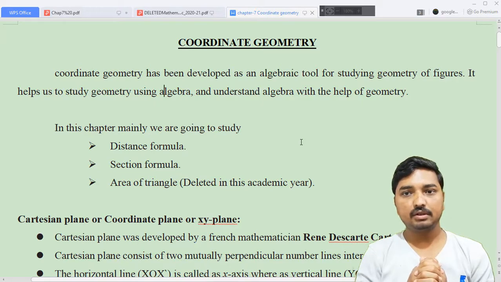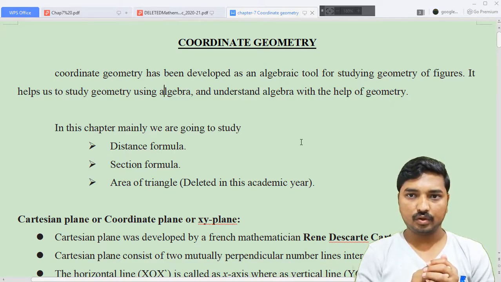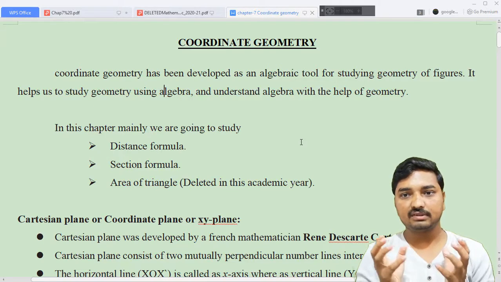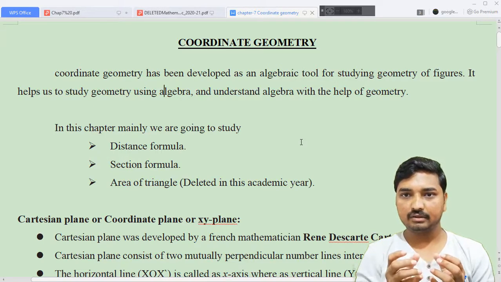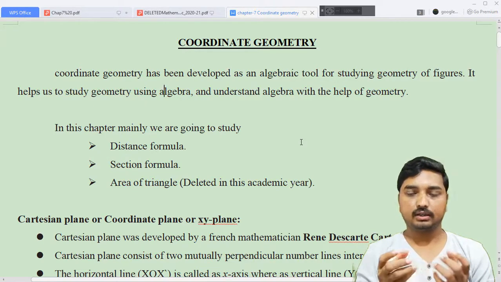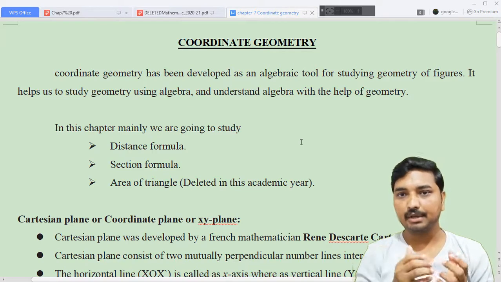In geometry we deal with geometrical figures. Geometrical figures consist of sides, angles, and moreover length, breadth, dimensions, area, volume, like that.